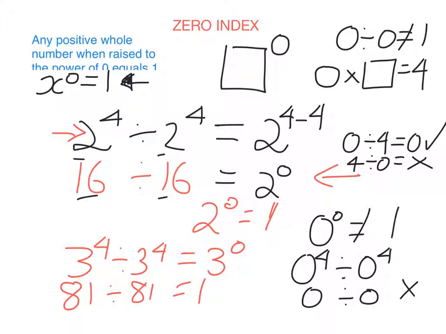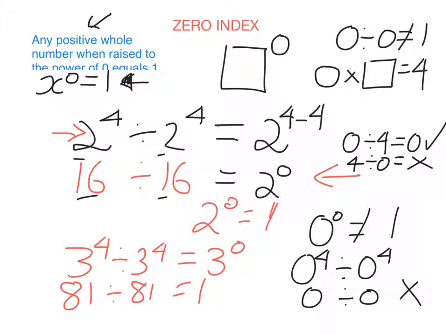So because you can't have 0 divided by 0, you can't have 0 to the power of 0. So that's why this year we're just going to look at positive whole numbers. This will work for any number that is more than 0, whether it be a half or 5, 6, 270. We're only going to look at positive whole numbers, however.